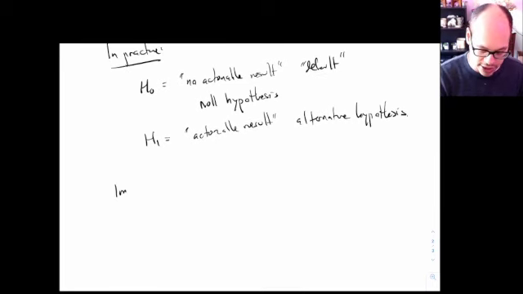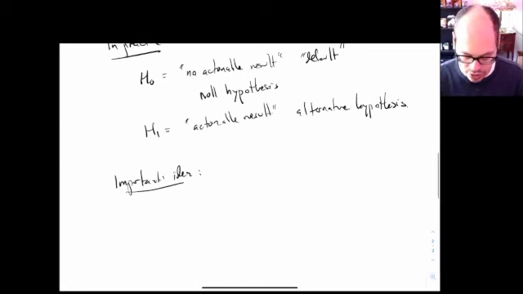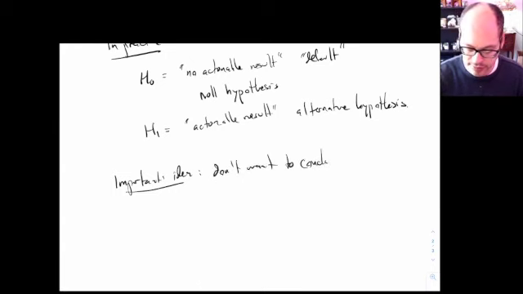So, an important idea is that we don't want to call for action if there's no action to be called for. So we don't want to say, oh, there's an important result if there isn't one. So we don't want to conclude H1 is true when it isn't.